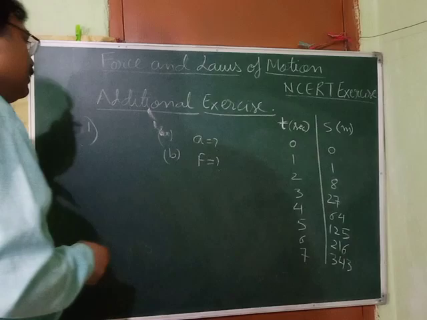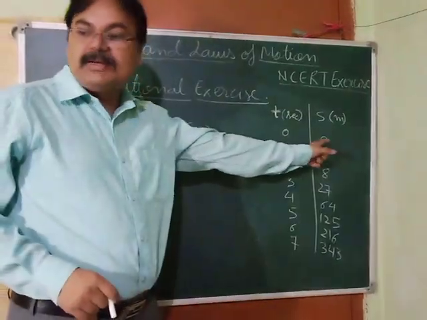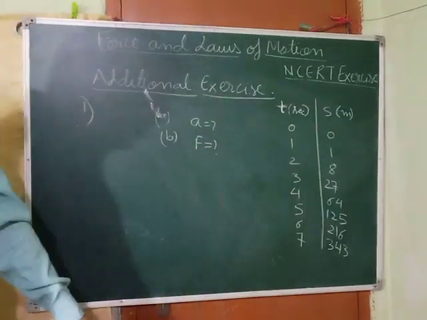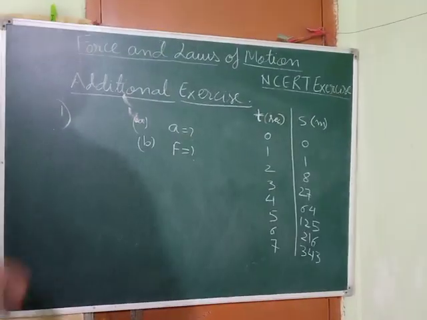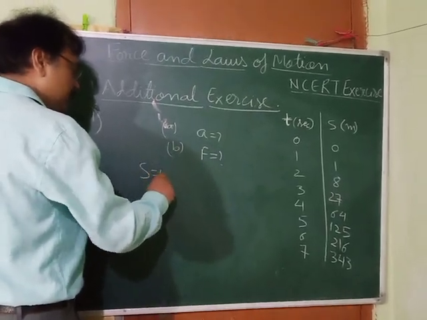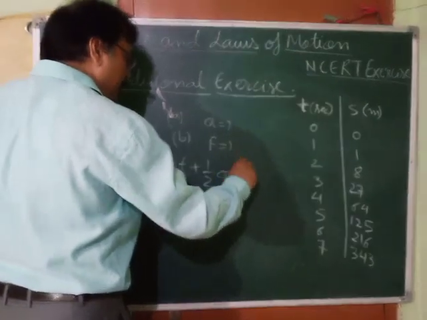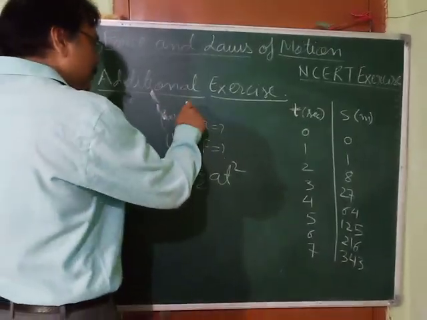Now see, what is the initial velocity of the body? Initially it is at rest, because at 0 time it has covered 0 meter. We know this formula, S is equal to ut plus half at square, and initial velocity is 0.